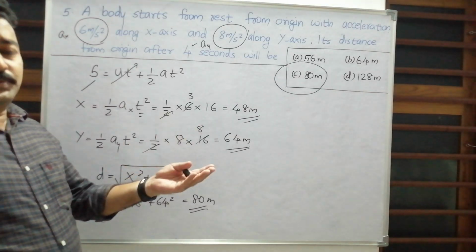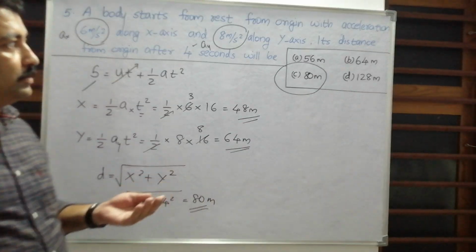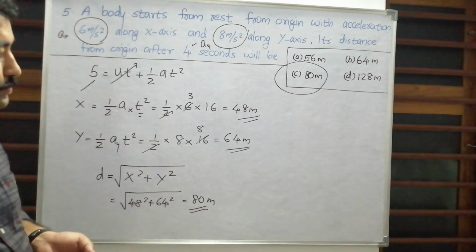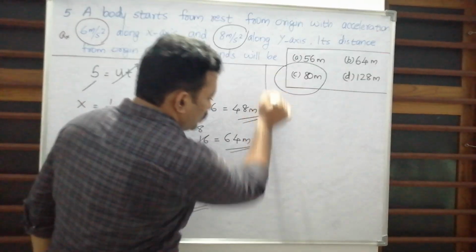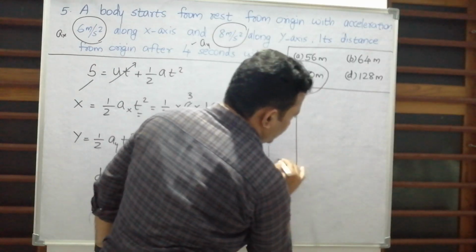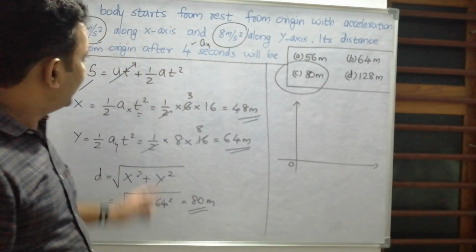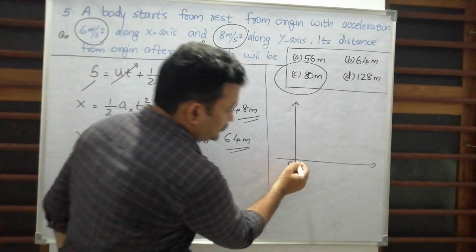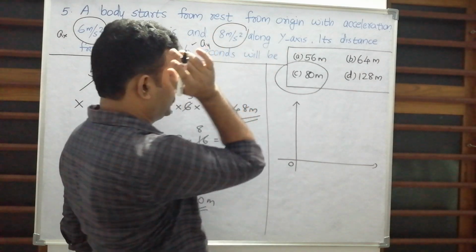You may extend this one into two dimensions to find a direction. If there is a problem where you want to find a displacement, obviously you have to find a direction also. Now you can plot this one on a graph. The body starts from origin. You have an acceleration along the x-axis at 6 meter per second square and along y-axis as 8 meter per second square.